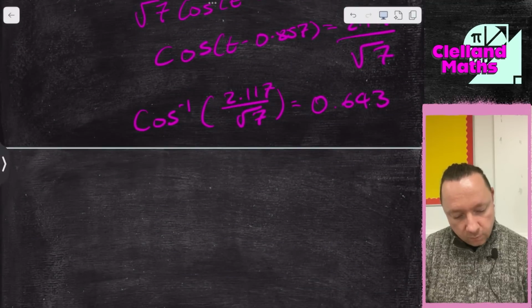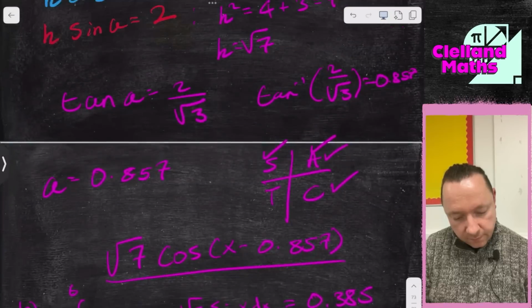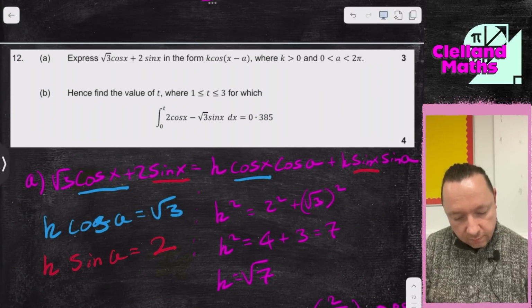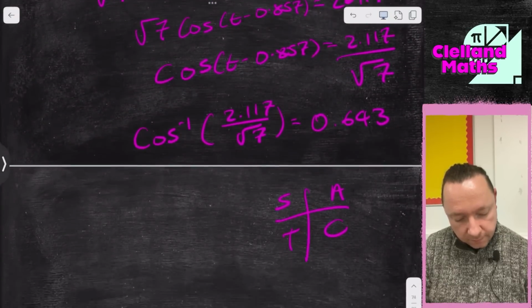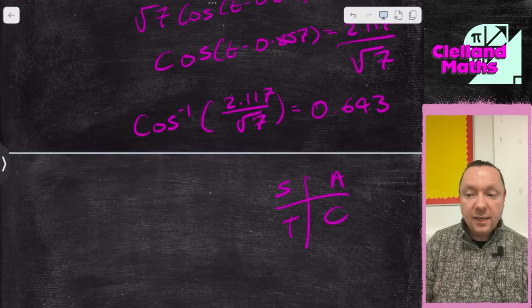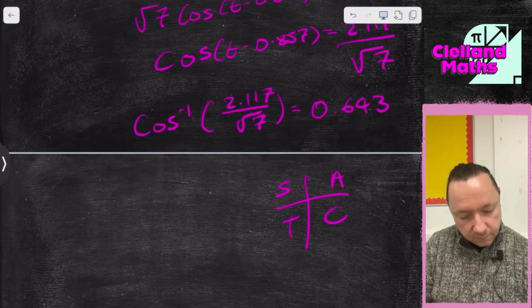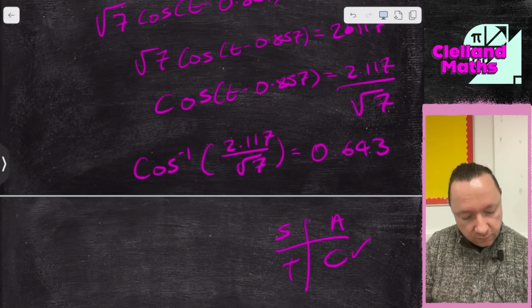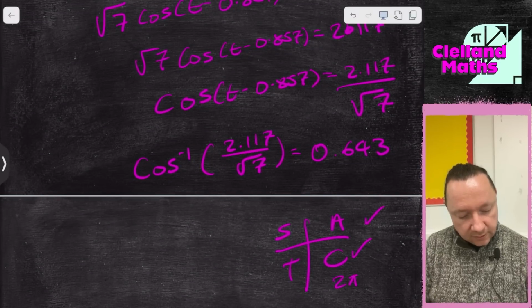So we've got a CAST diagram to see how many solutions, and let's see where it is between. The value of t is between 1 and 3, so we might only need one answer here. But our cos is positive, so that's 2 pi minus.